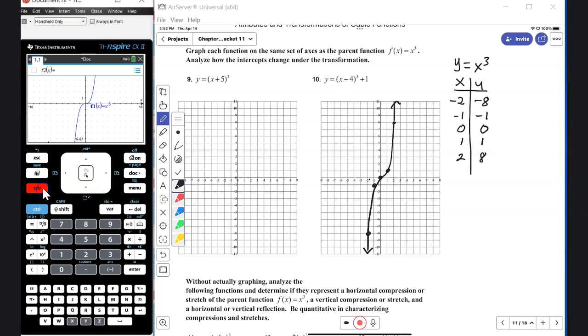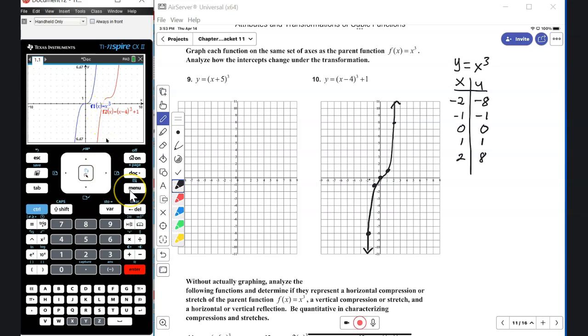We're going to press tab and type in the function, which is related to the parent function: x minus 4, raised to the 3rd power, plus 1. Press enter, and you notice that the graph will shift to the right.